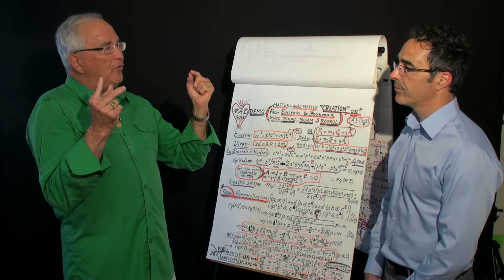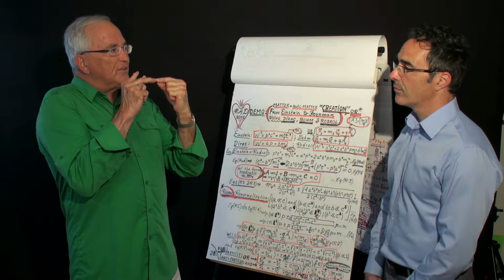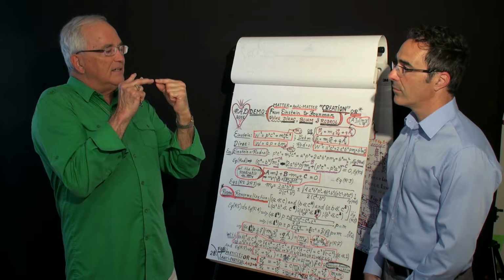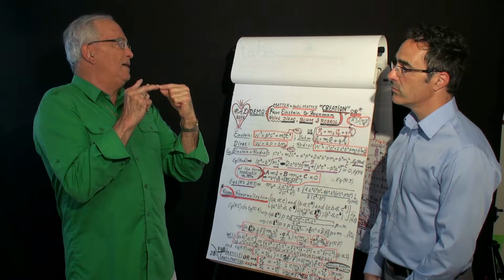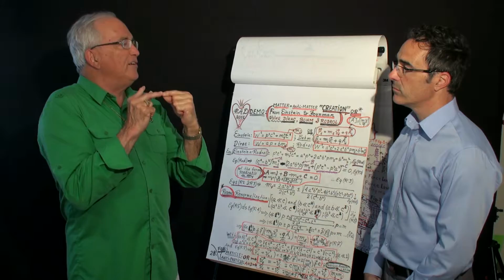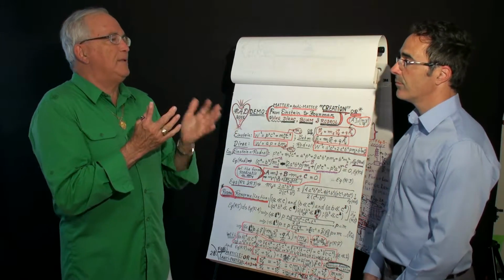And if you have 2 photons of the same amplitude hitting each other, they can give birth to matter and antimatter. What is matter and antimatter?